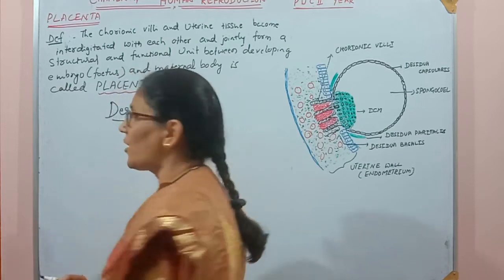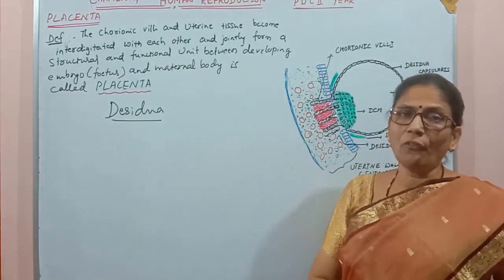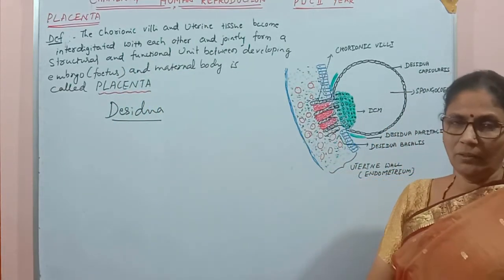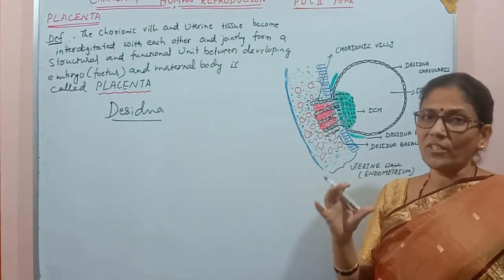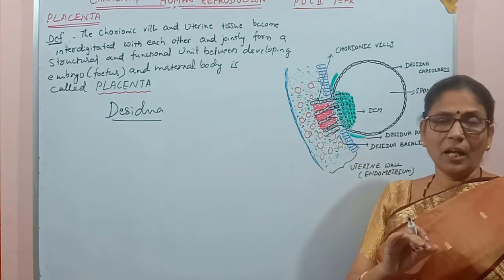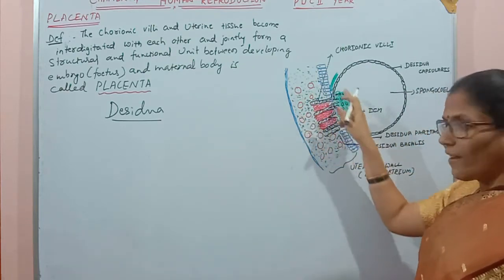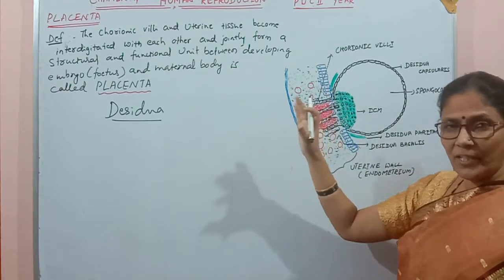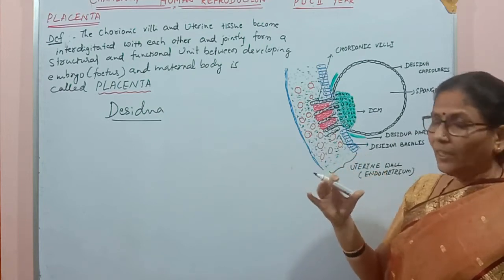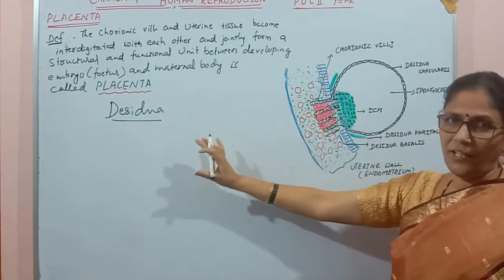So then what is the decidua? It's a part of the uterine wall where the blastocyst has been implanted, and after implantation this portion has become more vascularized, spongy and thickened, and this portion is called the decidua.